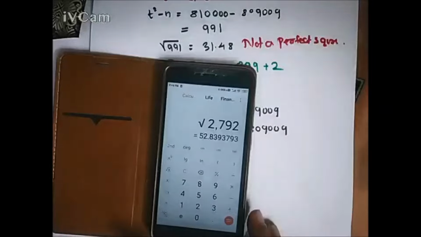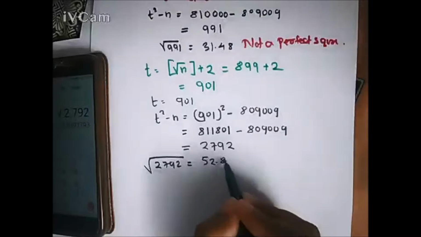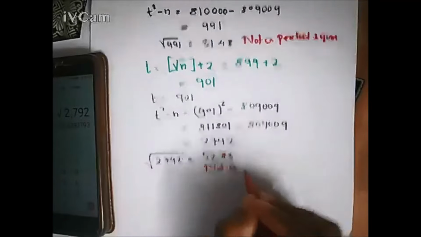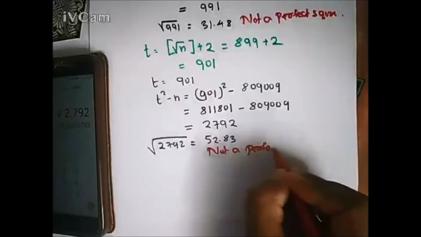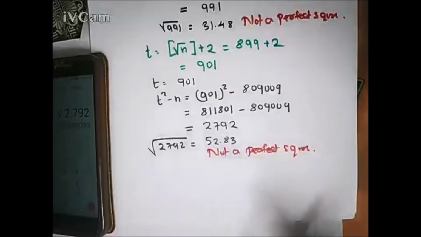This value is 52.83 something. Again, this is not a perfect square. So what do we do? Go to the next step.